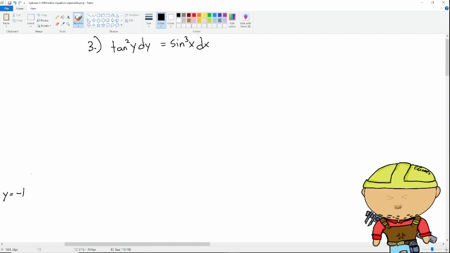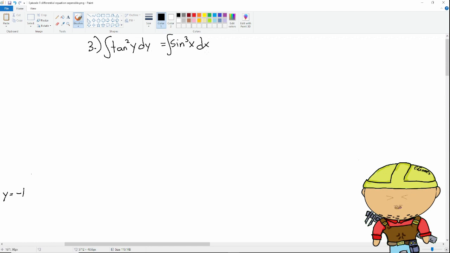Since the equation is already separated, we can proceed to integrating both terms. Unfortunately, both terms are a little more complex, as there's no direct integration for either.